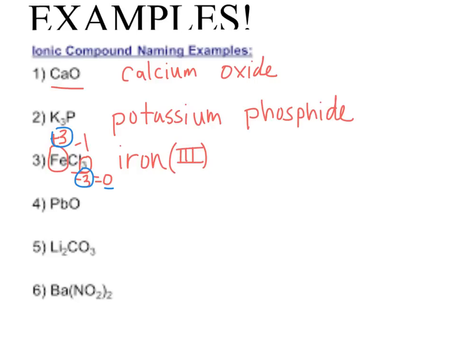So it's iron(III) chloride. Once again, we needed a Roman numeral for iron because it is a transition metal that has a multiple charge. It has more than one possibility for a charge.